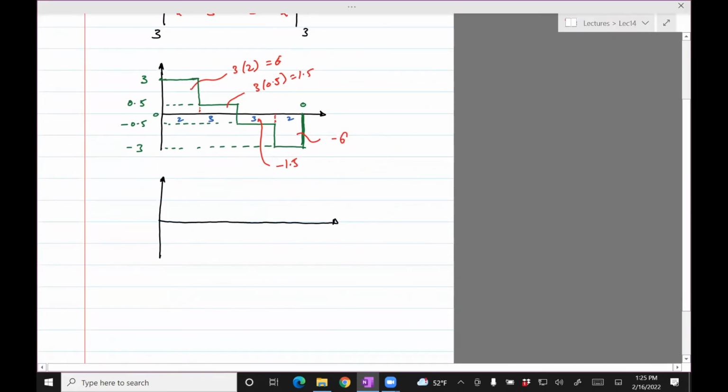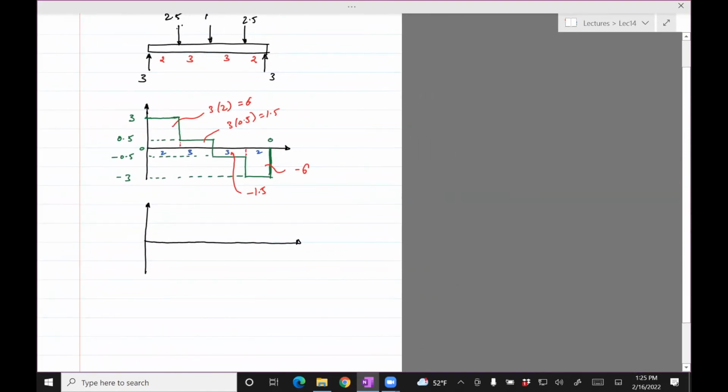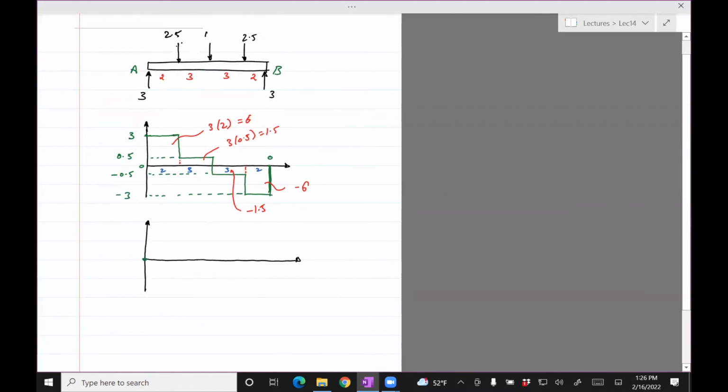Okay, let's draw the bending moment diagram now. So on the left side, which is A, there's no moment there, so we should start at 0. Then going from A to this point where there's a 2.5 kip force near A, the moment is 3 times 2, 6.